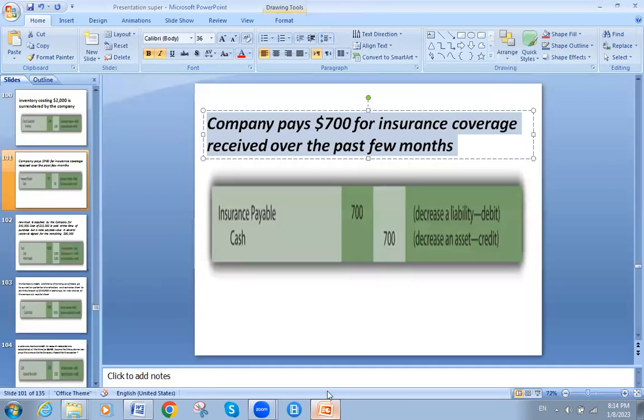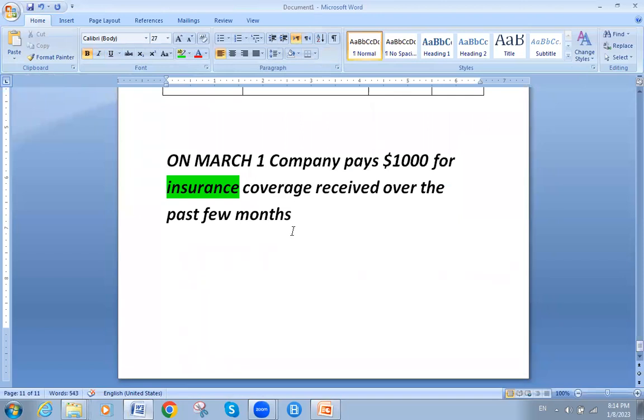Please remember, you will do it exactly like this one, from the insurance to the cash, but the amount will be 1,000 here. You don't need to write this, but we write the description of the transaction. I will go back to the exercise. Here it is. I'll just be waiting for about 2 or 3 minutes.